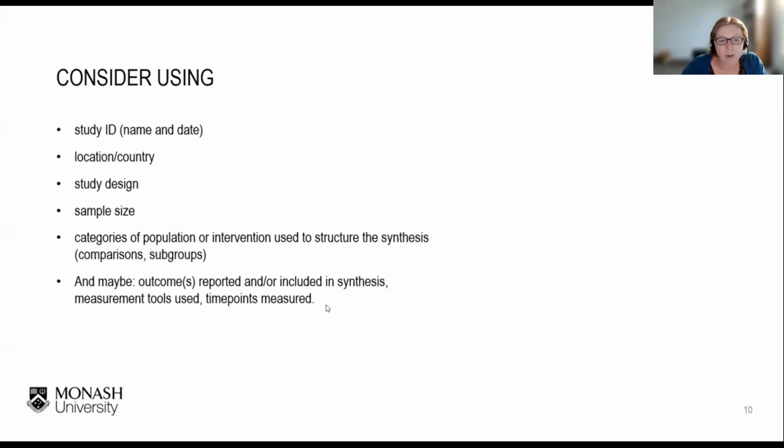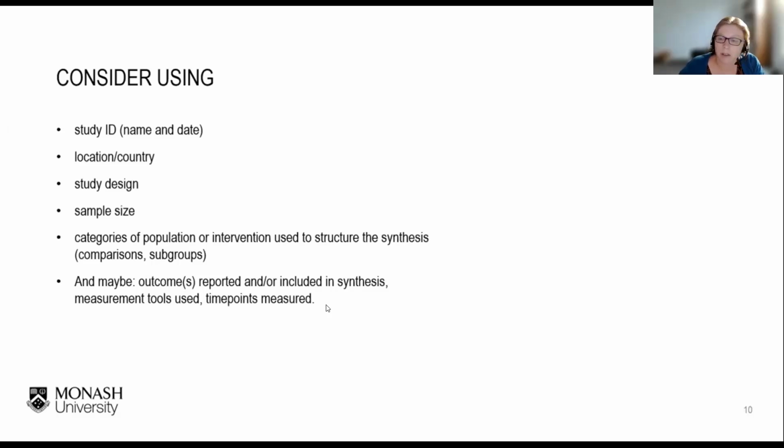The characteristics of population and intervention, really useful these. And the key things that we'd love to focus on are those characteristics that you are using to structure your synthesis. So that might be where you might have completely separate parts of your review. For example, you might have information on adults and information on children, completely separate in the review.